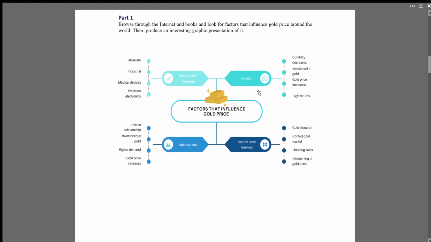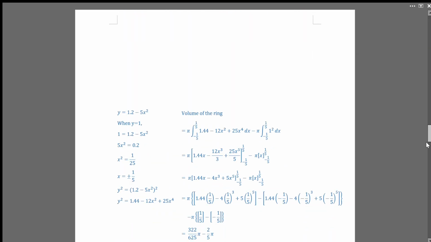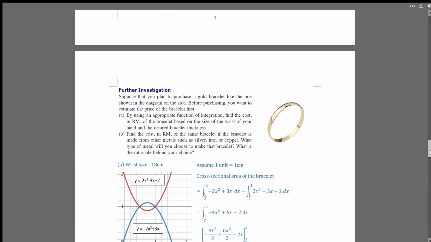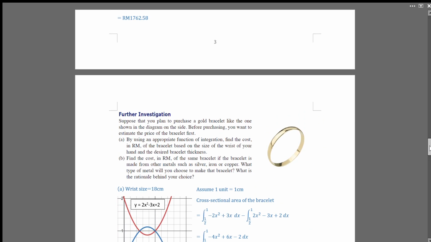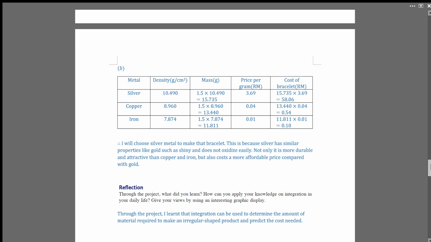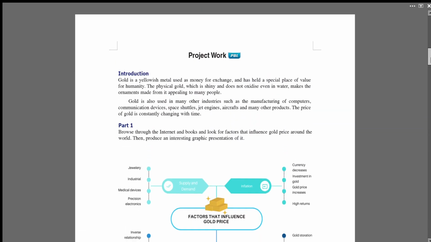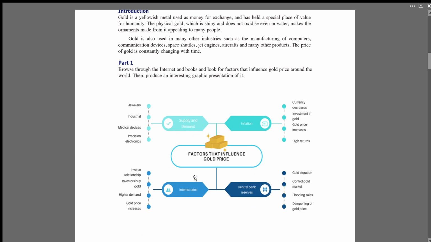This question consists of three parts, and further investigation and reflection. In the first part, we look at the factors that influence gold price. Firstly, the factor that influences gold price is supply and demand.